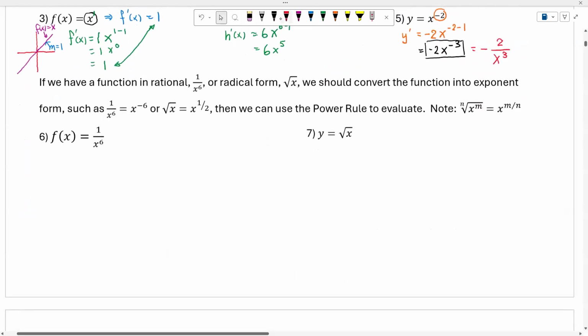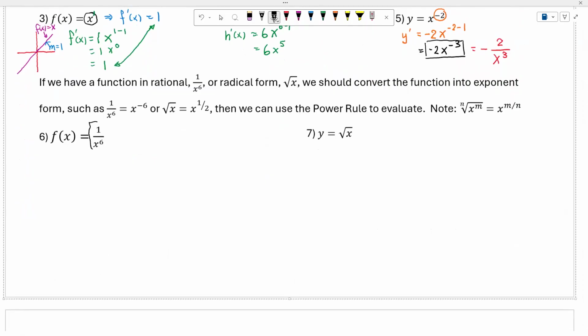Then now, what if I have the function 1 over x to the power of 6? Now remember, in this case we cannot apply the power rule to x to the power of 6 here because we have to consider the whole expression.